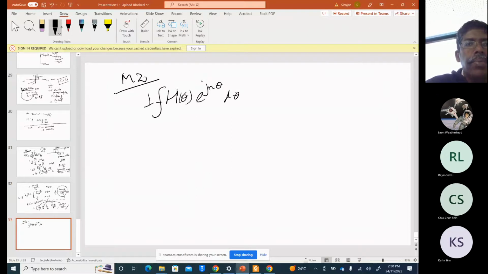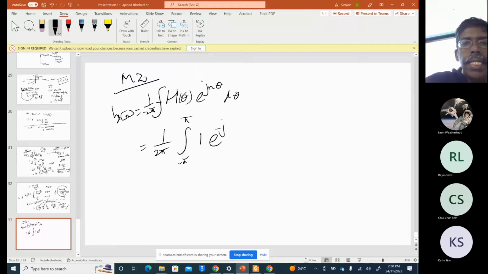For H theta, 1 into e to the minus j beta theta, times e to the j n theta d theta.